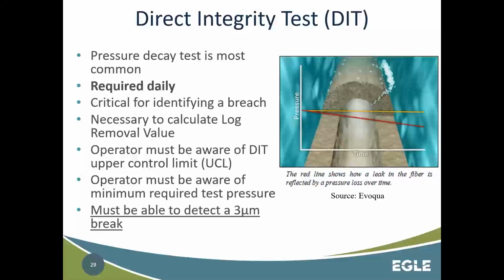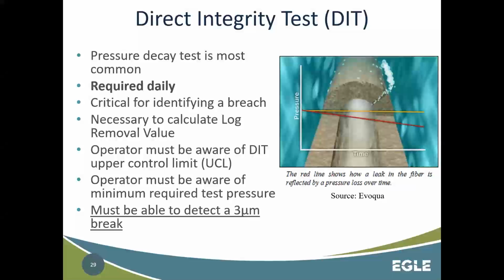You are very much relying on the integrity of these little flimsy fibers. And so you really just have one barrier. All that is separating the finished water that people are going to drink from the raw water that we presume has contaminants in it is this thin little membrane.